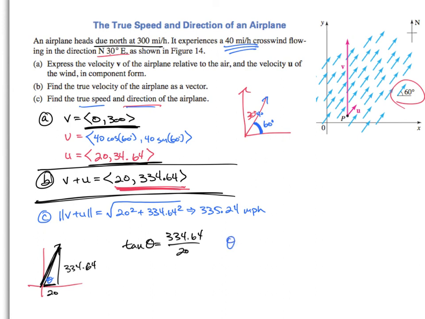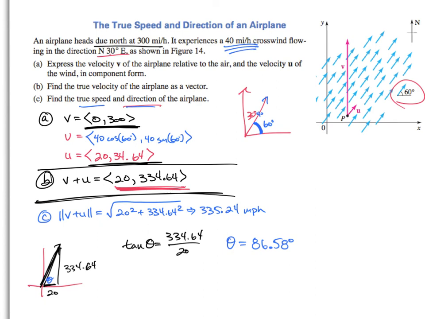So when I arctan it, I get theta is equal to 86.58 degrees. So this is what happened. This airplane with a wind of 40 miles per hour acting upon it, that's going north 30 degrees east, is really going at 335.24 miles per hour at 86.58 degrees.